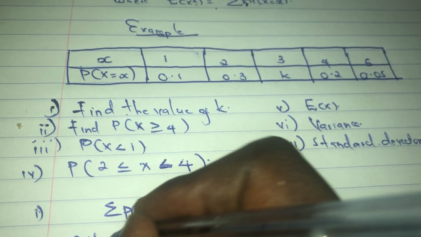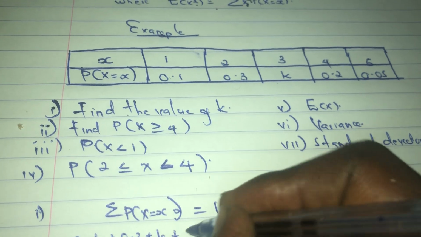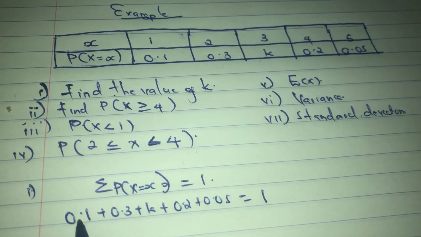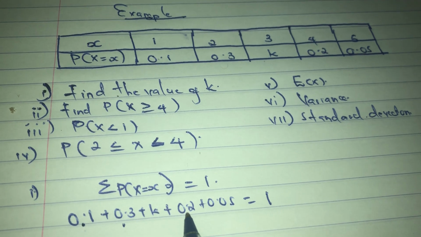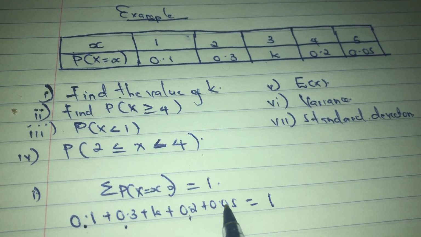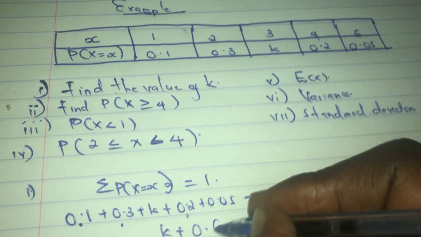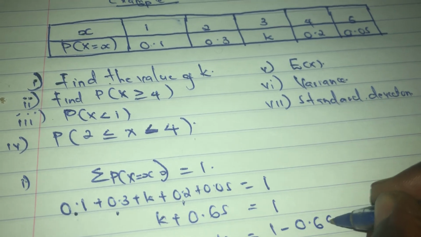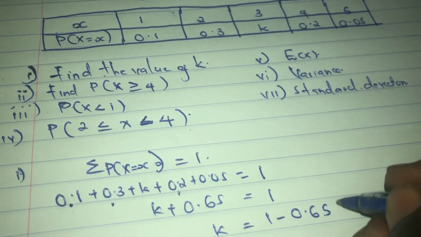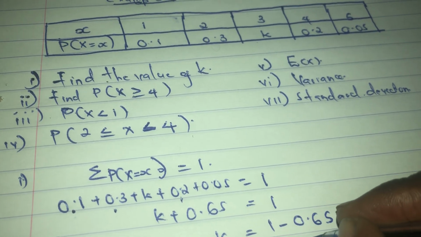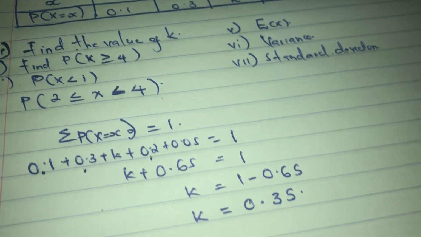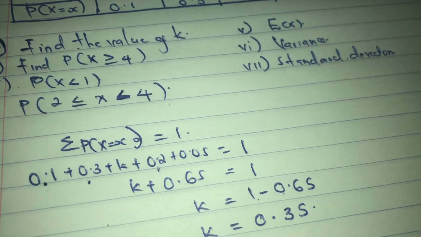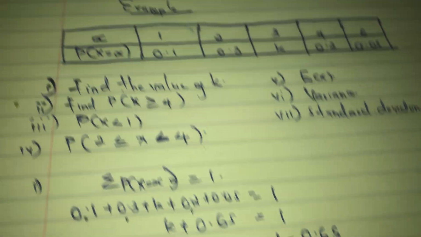So 0.1 plus 0.3 plus k plus 0.2 plus 0.05 should equal 1. Adding 0.1 plus 0.3 gives 0.4, plus 0.2 gives 0.6, plus 0.05 gives 0.65. So k plus 0.65 equals 1, which means k is 1 minus 0.65. Are we together? Because 1 minus 0.65 gives you 0.35.